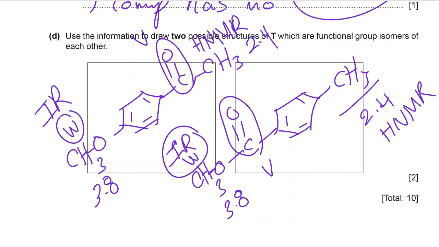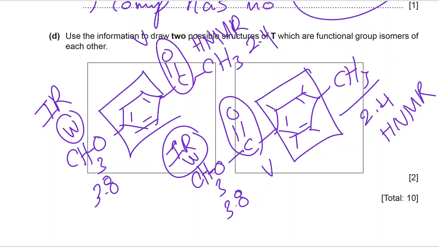In the benzene ring we have 4 hydrogens at 7 to 8. So the compound could be this one or this one.